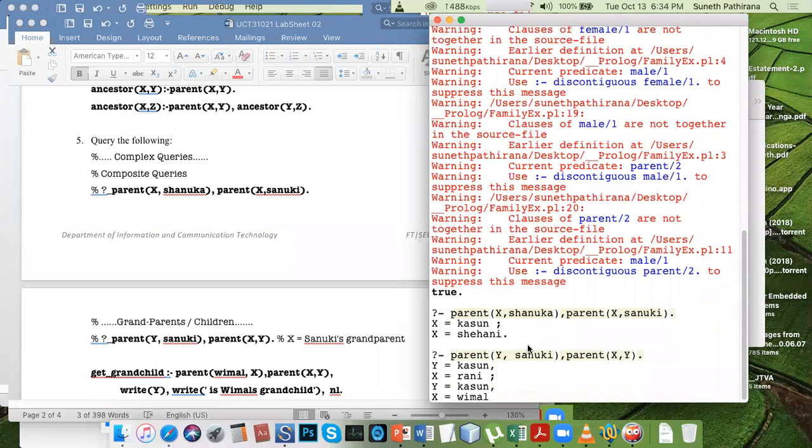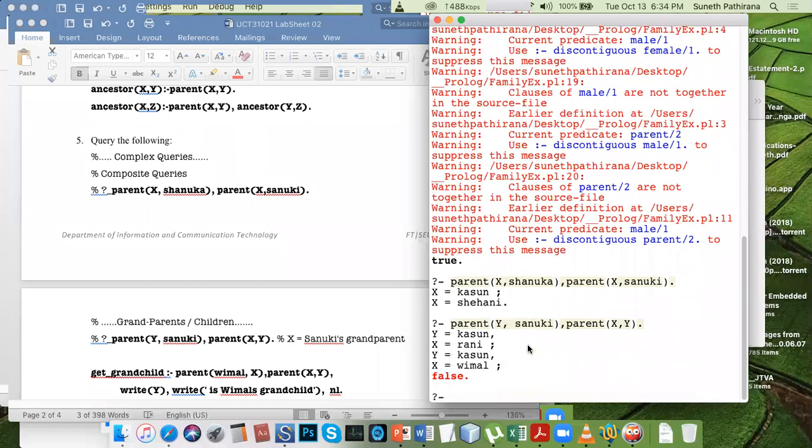Kasun, Rani, Kasun, Vimal. Okay, Sanuki's grandmother and grandfather. So who are the grandmother and grandfather? X is the grandparent: Rani and Vimal.